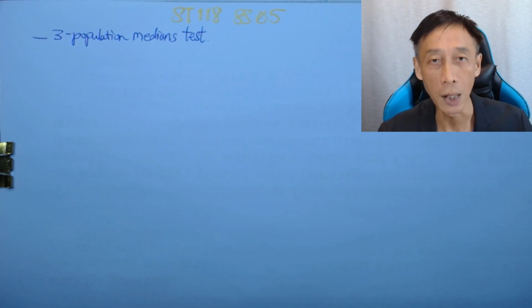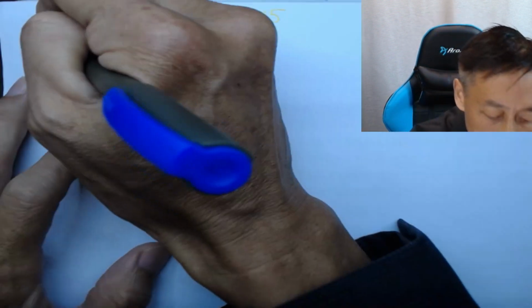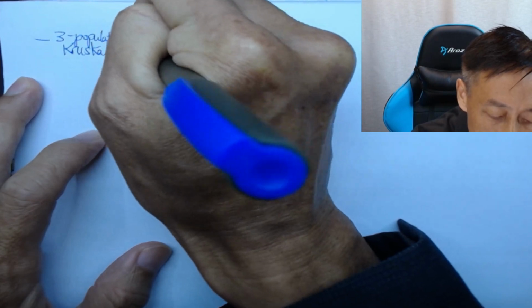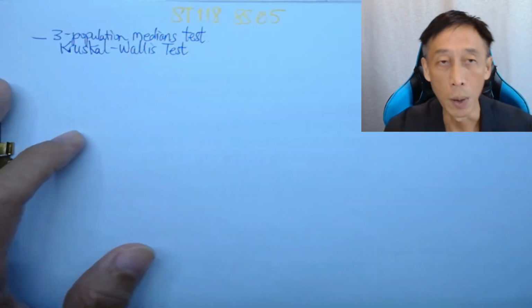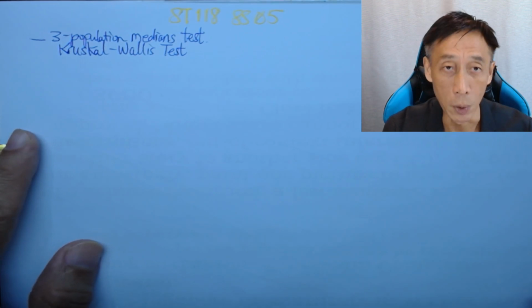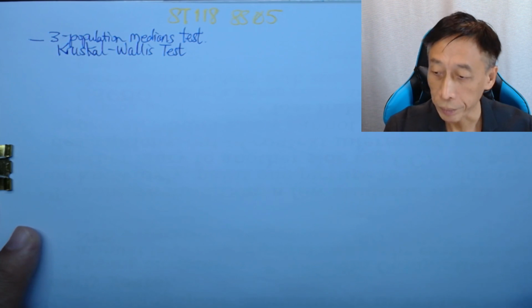In the ANOVA case, we use the mean as the center of gravity to represent each population. And in this Kruskal-Wallis test, we will use the population median to form our hypothesis and statistical conclusion.